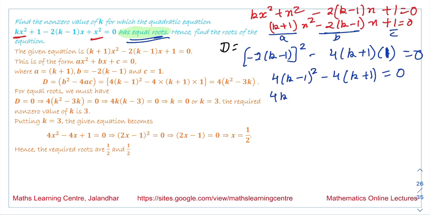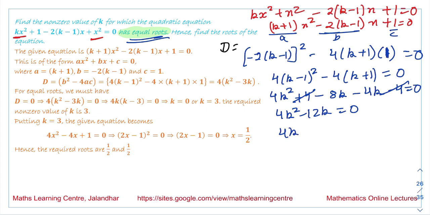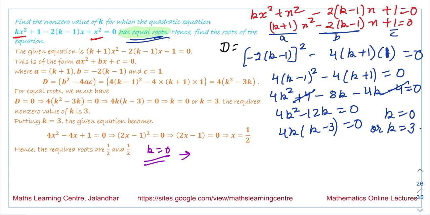So it is 4k square plus 4 minus 8k minus 4k minus 4 is equal to 0. These two get cancelled. So we are left with 4k square minus 12k is equal to 0. 4k we take common, so we are left with k minus 3 is equal to 0. So we have k is equal to 0 or k is equal to 3. Now if we substitute k is equal to 0, the equation will become x square.